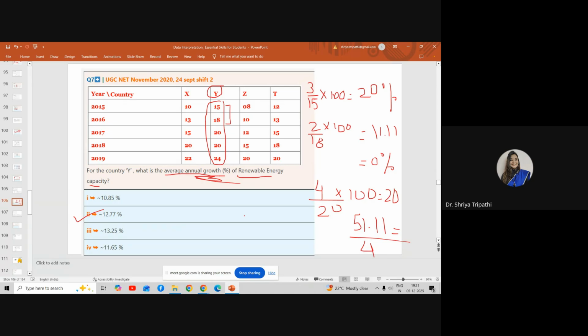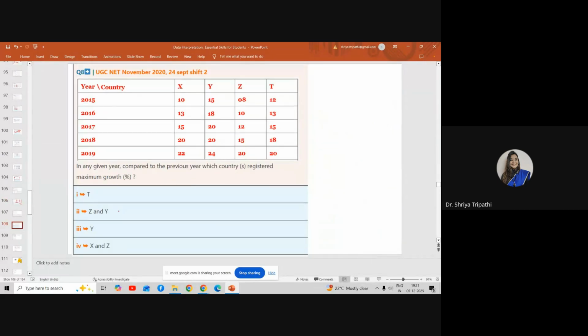My growth is happening from 2016. So 2016, 2017, 18 and 19, these are only 4 years. That is why 51.11 divided by 4. Have you all understood this? Okay, good. Shall we do one more, then we'll take a small break.